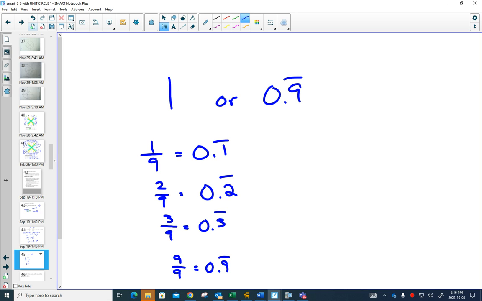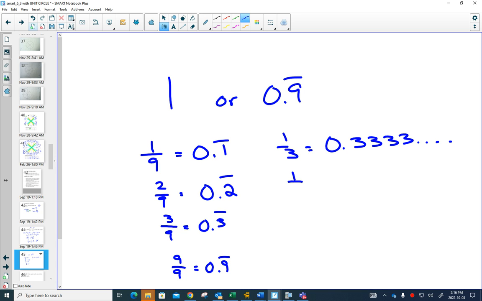It fits the same pattern, right? But it seems a little bit wrong. It seems like that's my worst explanation. But if we took the 3/9, which is the same as 1/3, would you agree that that is 0.3 repeated?